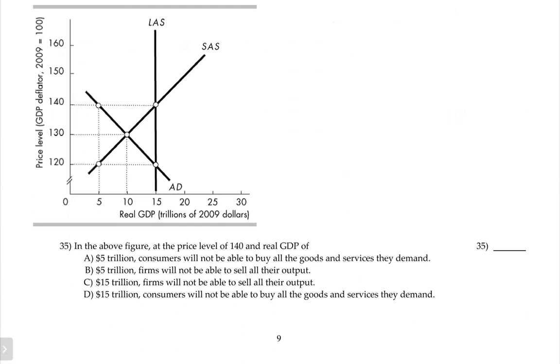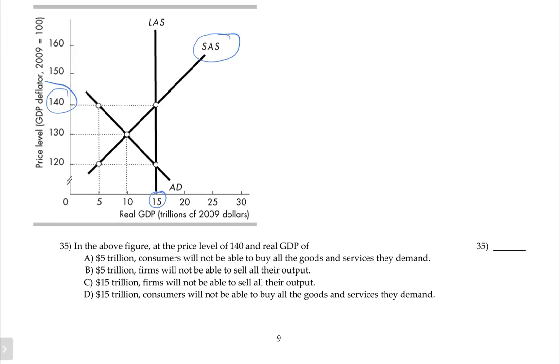In the above figure, at the price level of 140, real GDP of... okay, so if price is 140, the real GDP is going to be determined by the short run aggregate supply, right? And interestingly, this is equal to long run, so now the real GDP is 15.